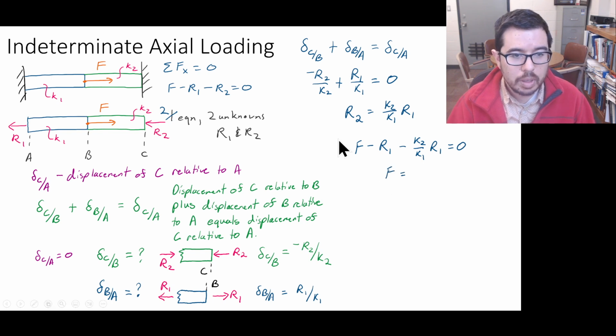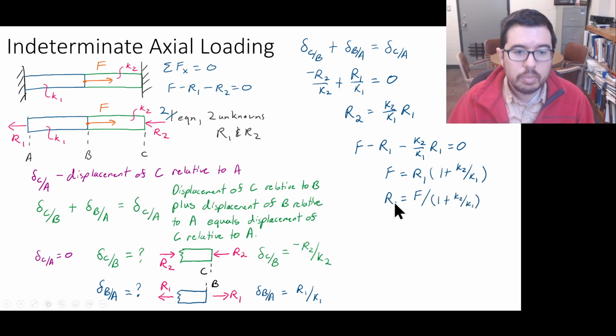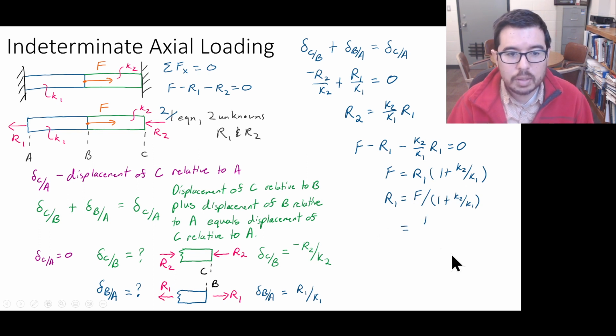So going in and substituting R2 into the equilibrium equation, we get this expression for F and R, and we can solve for R1. And going in and looking at the equilibrium again with R1, plugging this in, we can solve for R2.